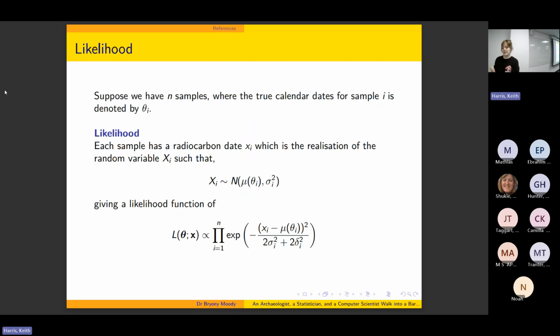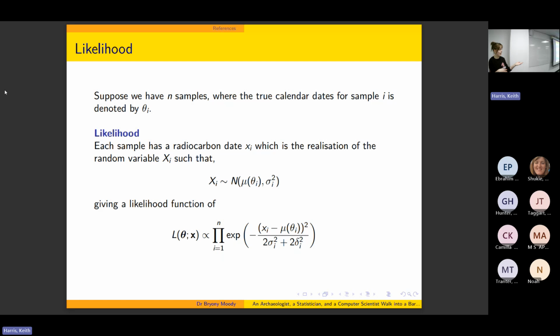So what we do is assume that each radiocarbon date has a true mean of mu of theta i, where theta i is the true calendar age for that sample. If we calibrate that back to the radiocarbon scale, that would be its true radiocarbon age. And then it has some error that comes from it being dated by the lab.